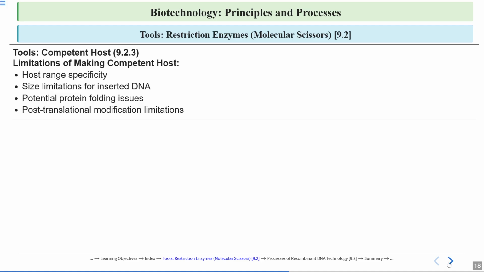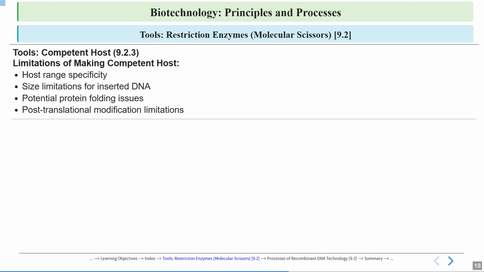And post-translational modification limitation. We know that even after translation, when mRNA is translated into protein, some modifications have to take place, like glycosylation, phosphorylation. You might have studied these in earlier classes, or you will study them in other classes. These are some modifications that need to be done in proteins, but it's not possible for every host.